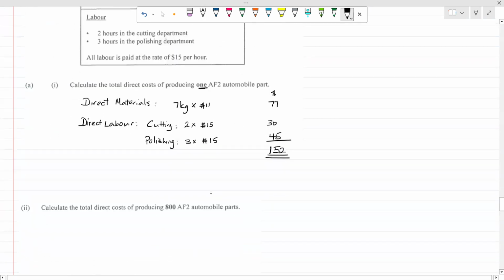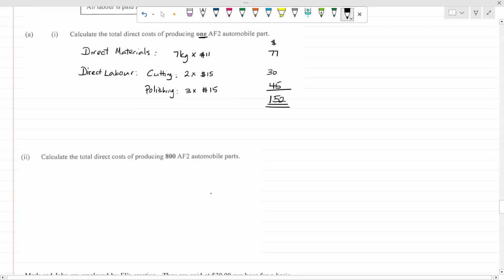Right? Simple as that. Calculate the total direct cost of producing 800 AF2 automobile parts. So total direct cost for 800 units.